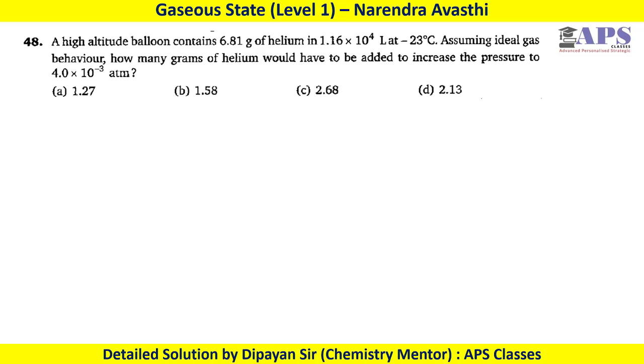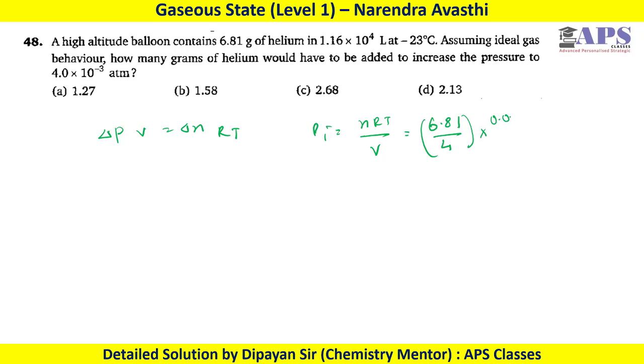For this problem, we can write delta P into V equal to delta n RT. Because we have to calculate how many grams, we have to find how many moles, then convert those moles to grams. The initial pressure is given by nRT by V. All the information is given: 6.81 gram of helium divided by 4 gives moles.